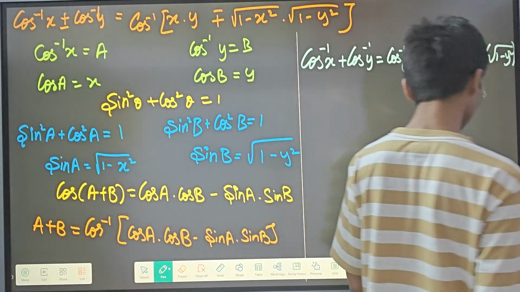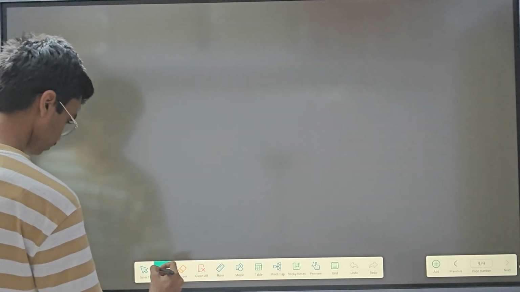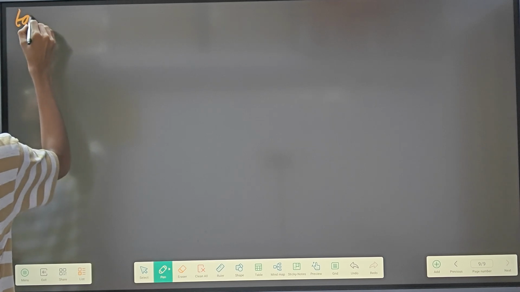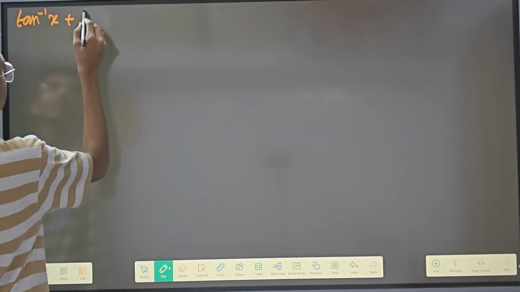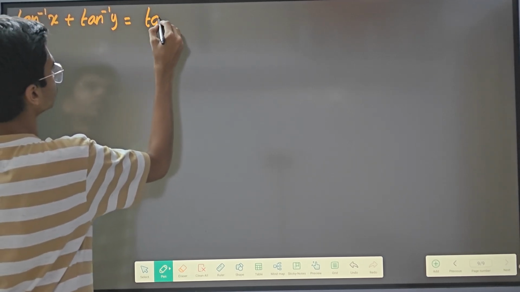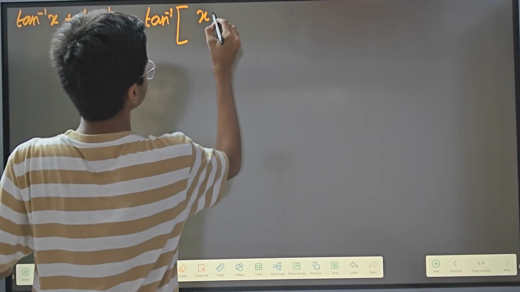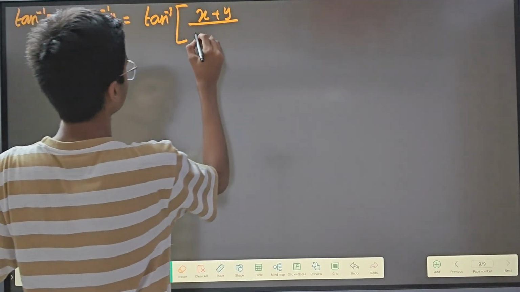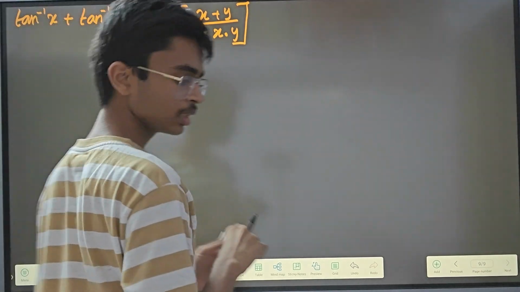Next, thirdly, tan inverse of x plus tan inverse of y is equal to tan inverse of x plus y whole divided by 1 minus x into y.